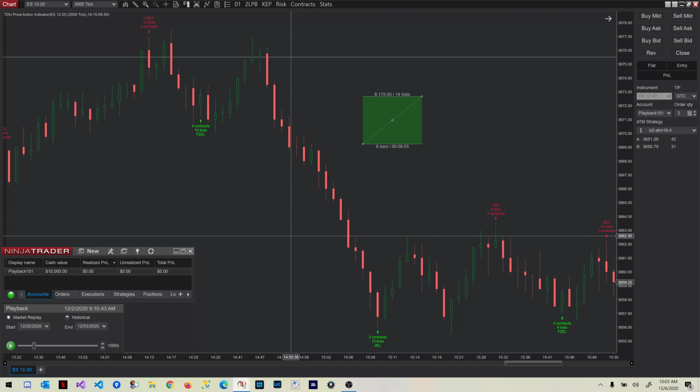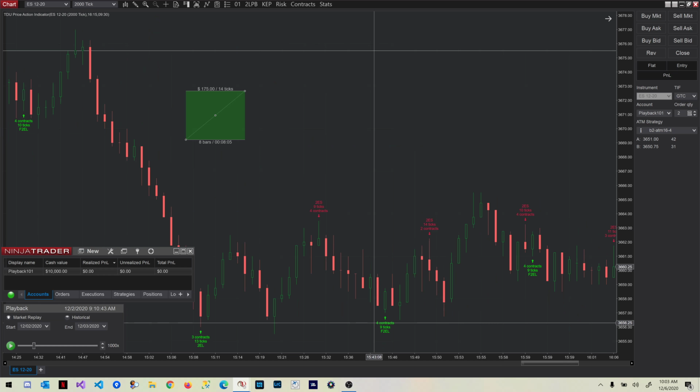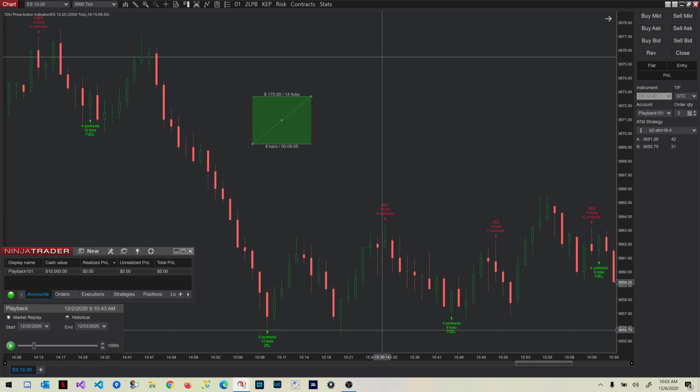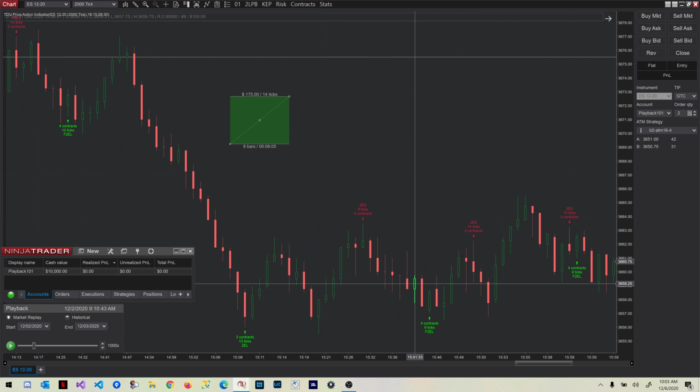Now, if we, for example, look at this trade, we can see, okay, we can trade 4 contracts. That's because the risk is lower here. Here we have a risk of 9 ticks, and there we had a risk of 14 ticks.